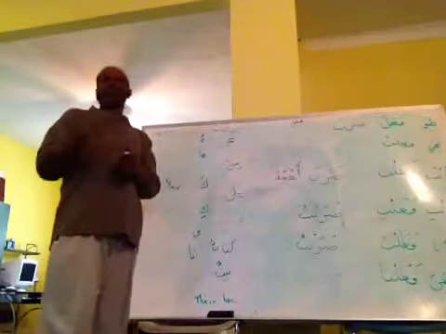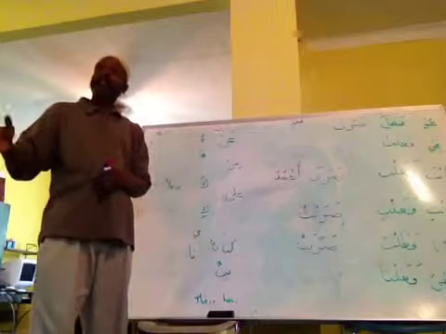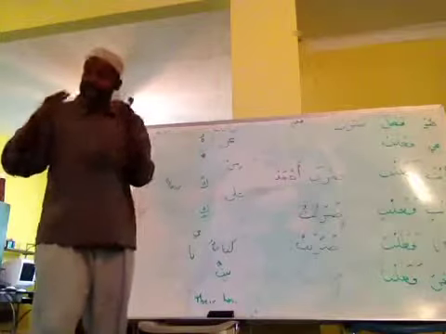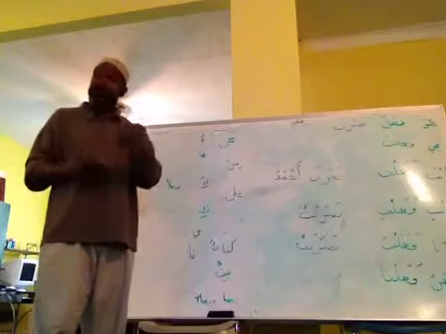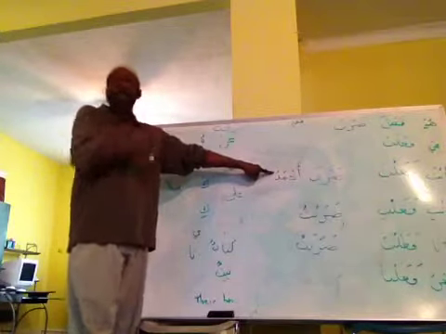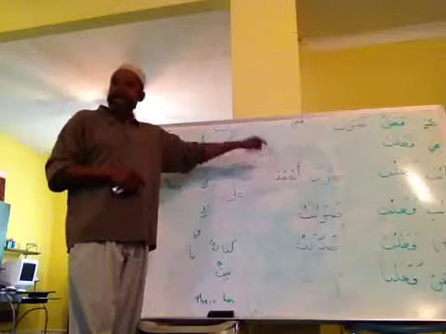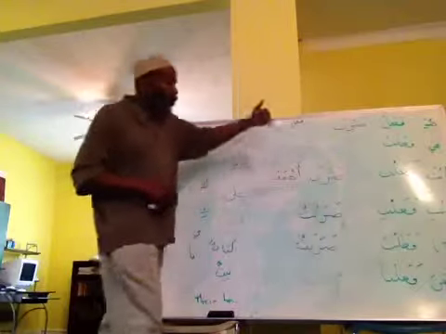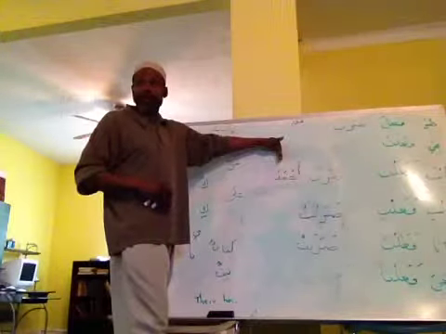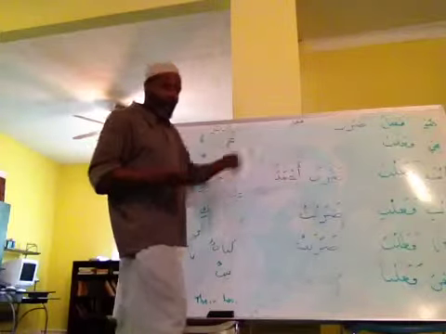It's a little bit more difficult and challenging when you have unvoweled text. But when you have vowels on your text, it has a dhamma. That's how you can identify your fa'il when it's named. So the normal word order: you have the verb, then you have the fa'il.